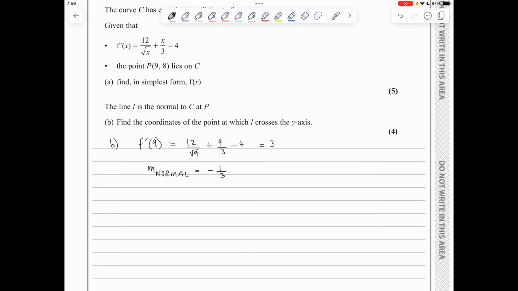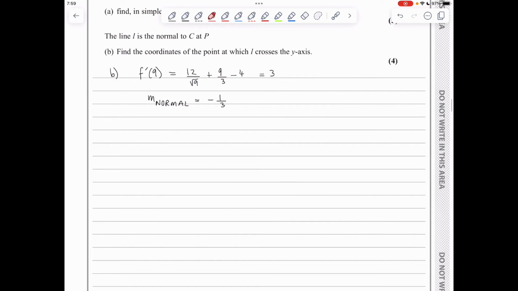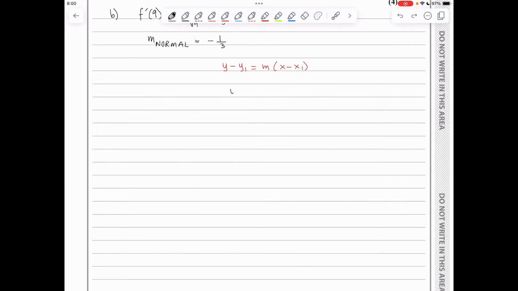Remember, the normal is perpendicular to the tangent, and I can now use the fact that for a straight line passing through the point with coordinates (x1, y1) having gradient m, its equation is given by y minus y1 is m times (x minus x1). So y minus 8 is equal to minus a third times (x minus 9).